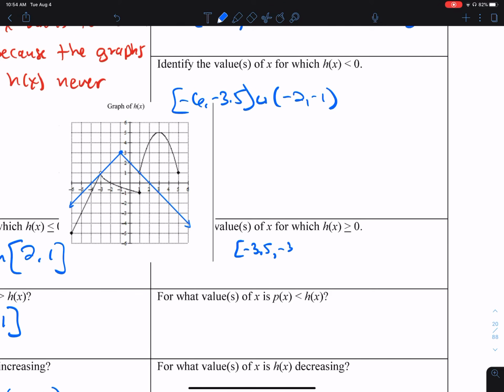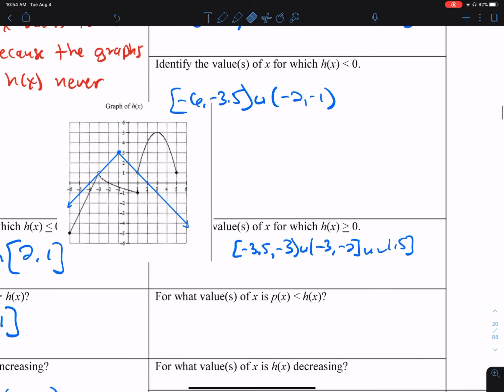Skips over negative 3 because it's an open circle. Includes negative 2 because it's on the x-axis. And then it goes from 1 to 5, 1 not inclusive, 5 inclusive. One's not included because it's an open circle. 5's included because it's a closed circle.